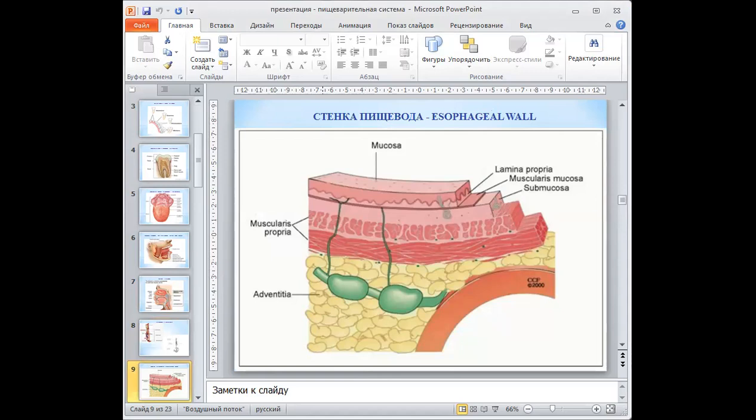The muscular layer is formed by striated and smooth muscle. Next are the submucosal layer and the mucosal layer, which is covered by stratified squamous epithelium. The main functions of the esophagus are motor evacuation function, secretory function, and protective and barrier function.